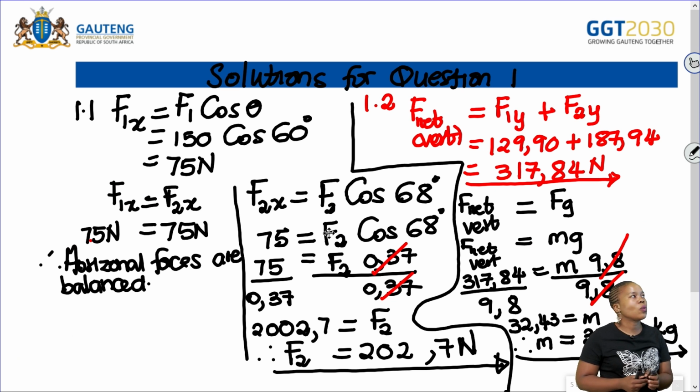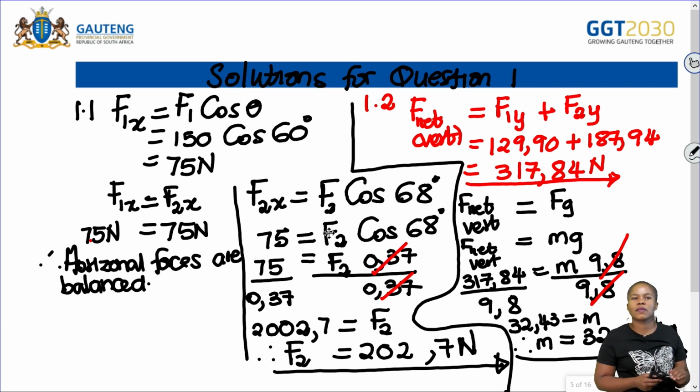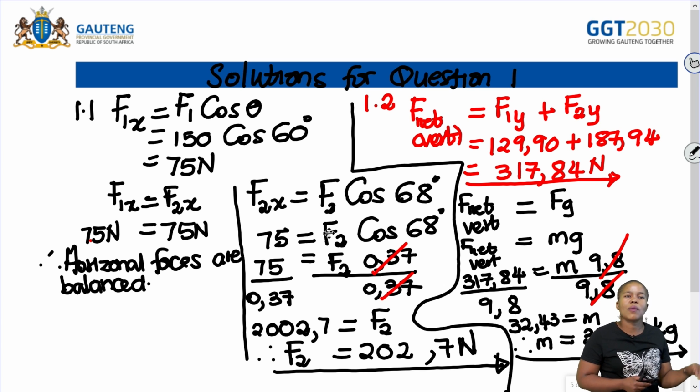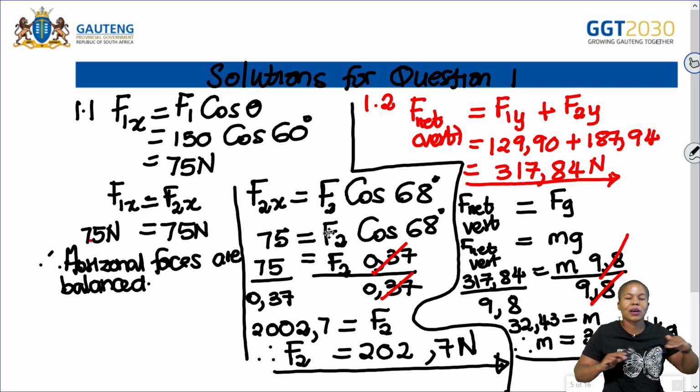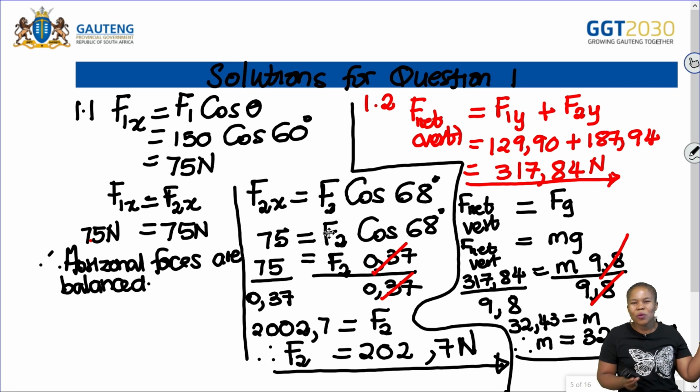So this is 75 newtons. Our horizontal component for F1 is therefore 75 newtons. We say F1x is equal to F2x. Mind you, not the original forces, but the horizontal components of them, because it is not moving to either side. Why are we saying that?